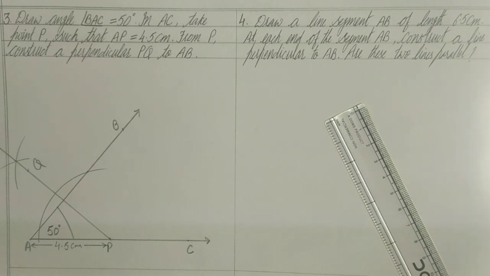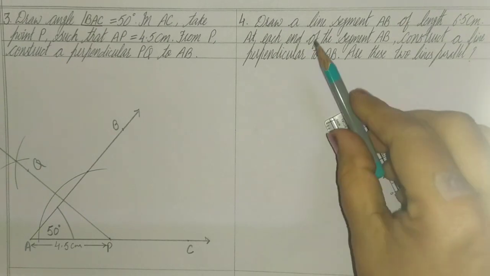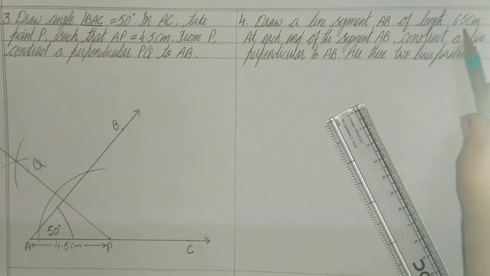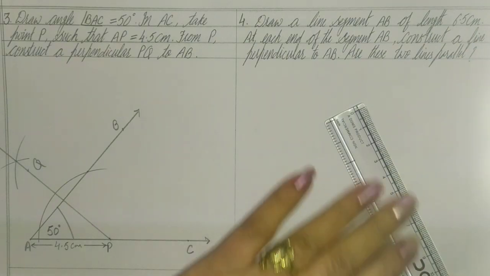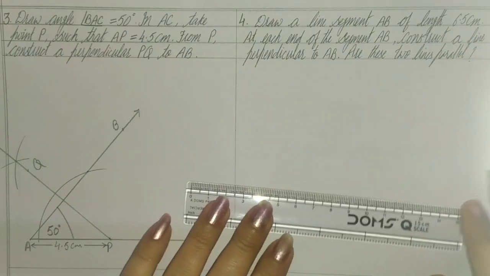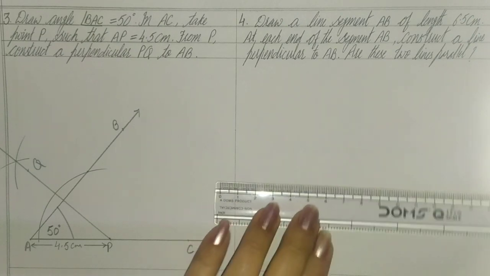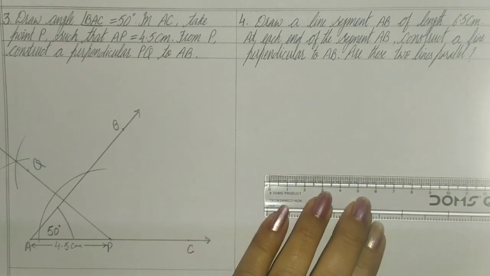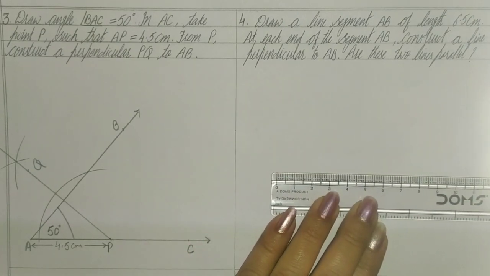Now let's start with the fourth question. Here we have to draw a line segment AB of length 6.5 centimeter. This is the first part. So just draw the segment of length 6.5 centimeter over here.